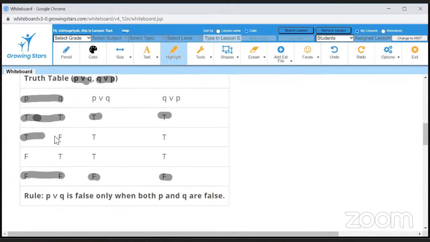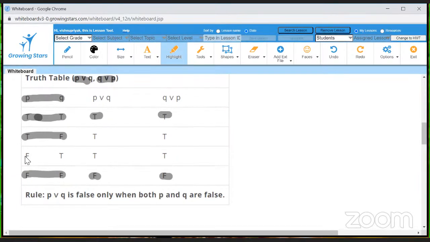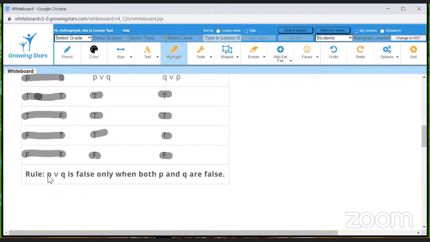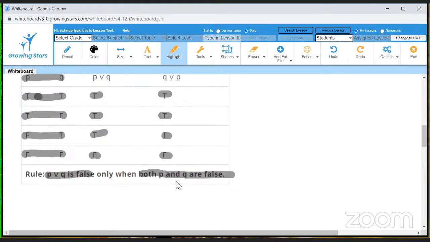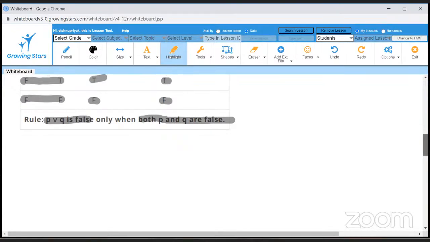But if one of them is true and the other is false, then P or Q will be true, Q or P will be true. So the easy one to remember is P or Q is false only when both P, Q are false. You remember this, it will be easy to memorize. You have to learn these truth tables by heart.